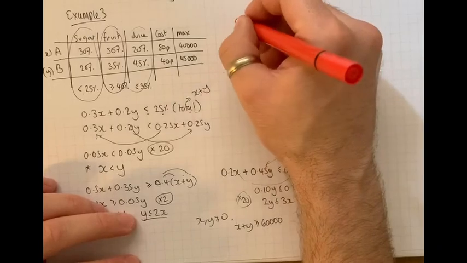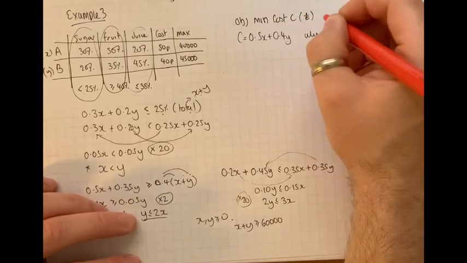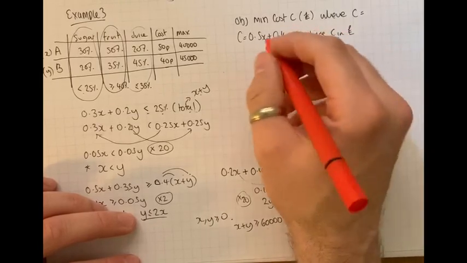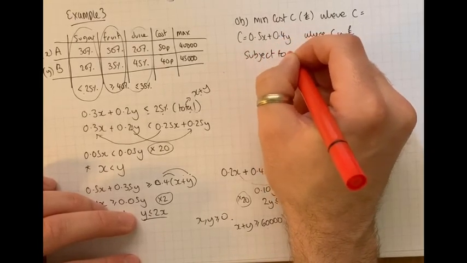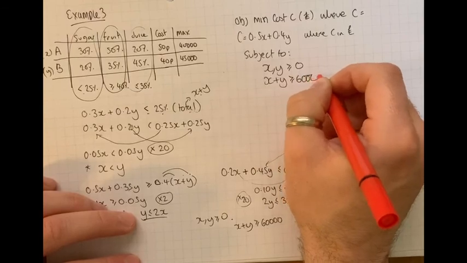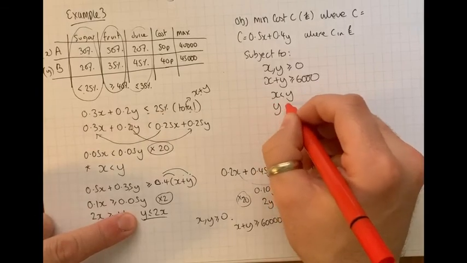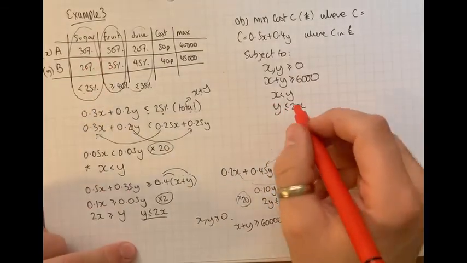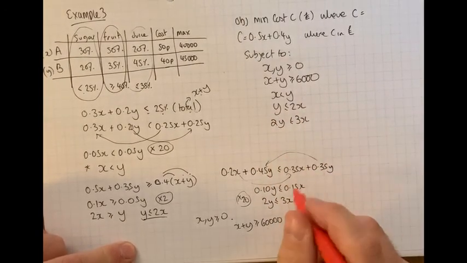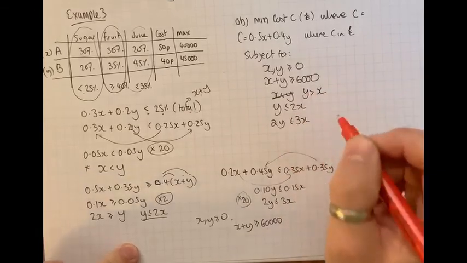So the objective is to minimise cost C in pounds, where C equals 0.5x plus 0.4y, subject to x, y bigger than 0, x plus y bigger than or equal to 60,000, x is less than y from the sugar, y is less than or equal to 2x from the fruit, and 2y is less than or equal to 3x from the juice. In that one I'd actually write it as y is bigger than x, so you've got y in front of all of them.